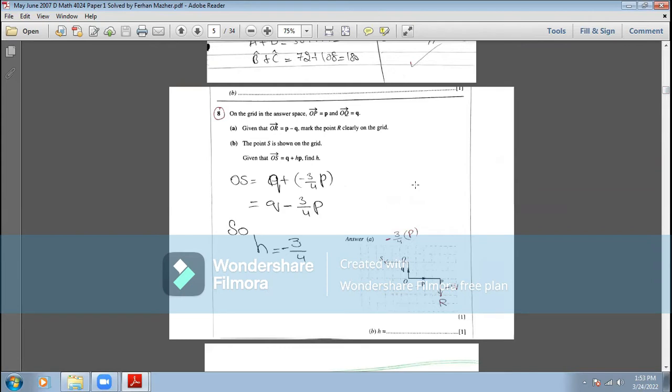They said that the OS will be Q plus HP. So if you compare the Q with the Q and the P with the P, you will have H equal to minus 3 by 4.